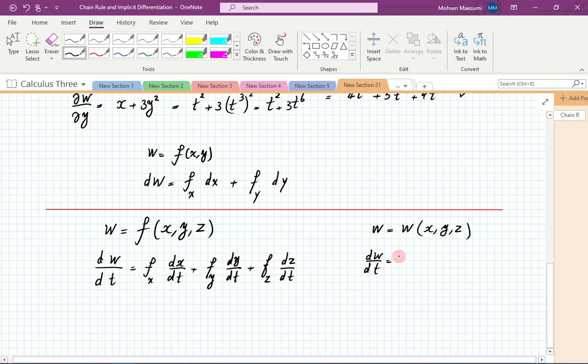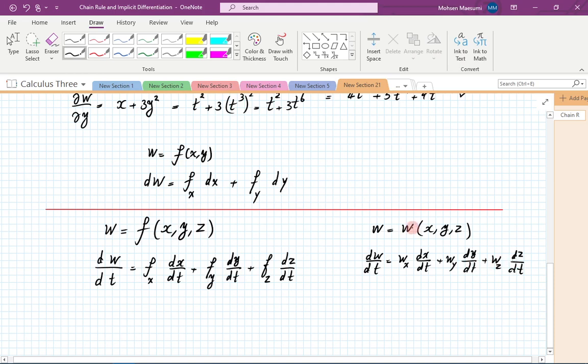Now here it will be w_x dx/dt, w_y, so that means partial of this function with respect to y, dy/dt, and partial of w with respect to z, dz/dt. This is a cleaner notation than this because we are saving one more name and reducing the number of names we have in our formula.